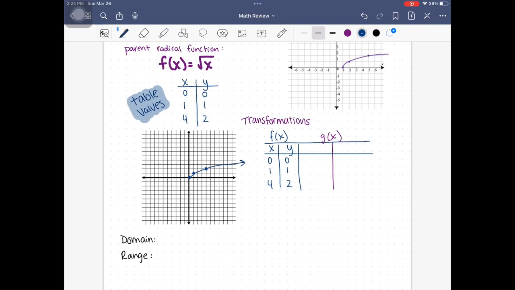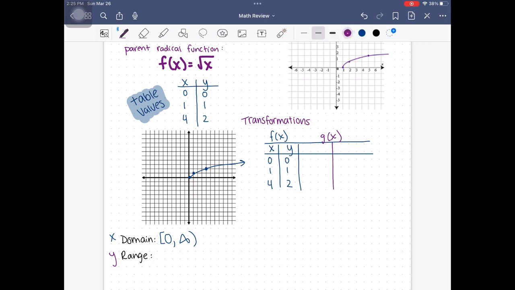Now, when it comes to the domain and the range, for my domain, that is going to be all my x values, okay? So I'm going to start at this point of the graph on all my x's until I hit, bam, 0. 0 is included, so I'm going to put a bracket. And it goes on to infinity, so I'm going to put infinity. Okay, now I'm going to work with my range, which is all my y values. I'm going to start here, and from the very bottom, it doesn't hit anything. Bam, it hits y equals 0.